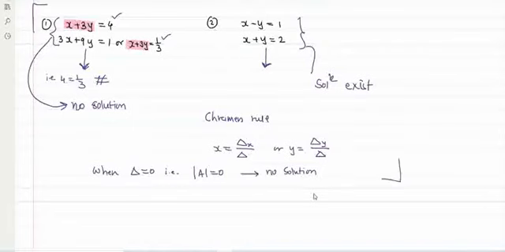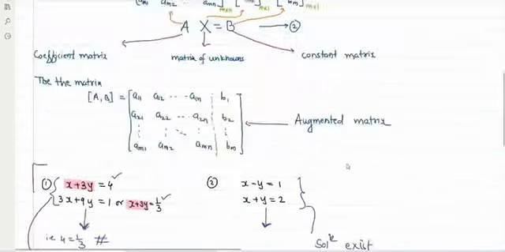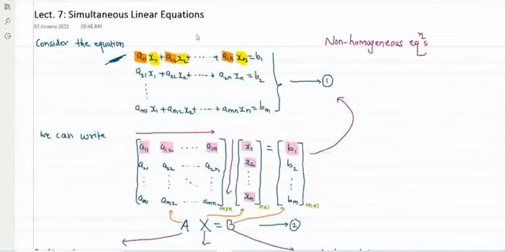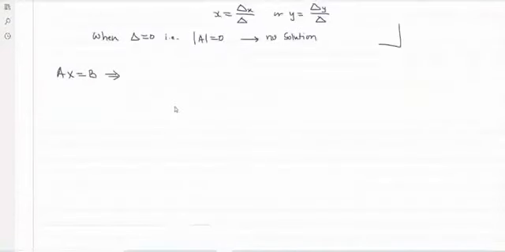So here I want to conclude that, these are the rough calculations for your understanding, when the system is Ax equal to B, the non-homogeneous system, that means you have to consider these equations together. So Ax equal to B does not always possess a solution.